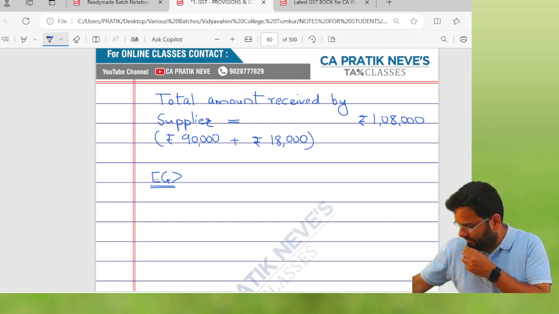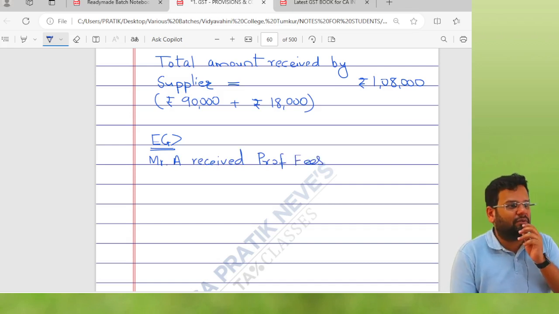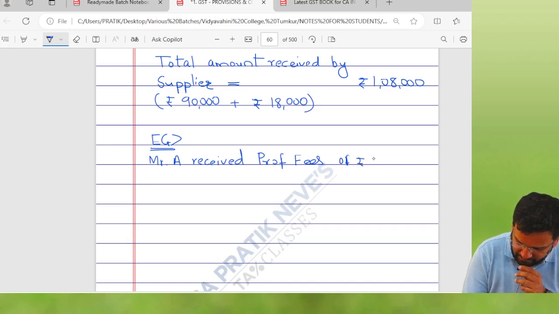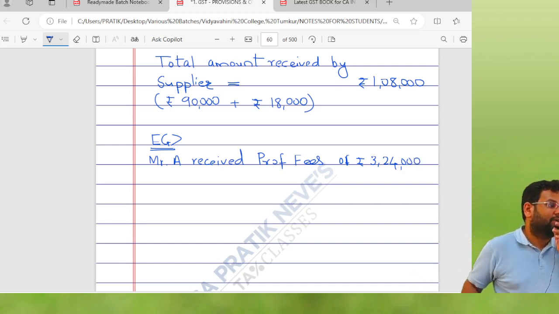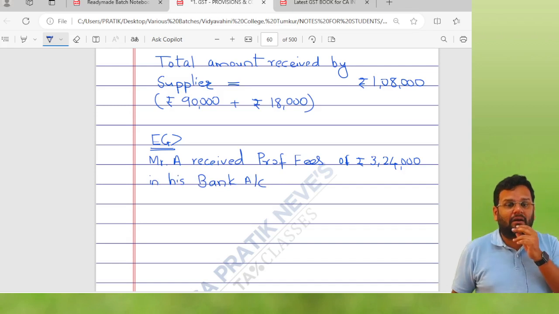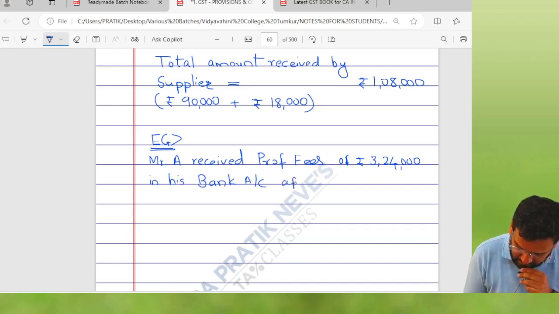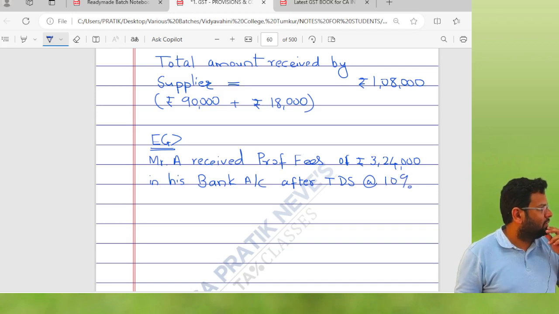Mr. A received professional fees of rupees 3,24,000 in his bank account after TDS at 10%.